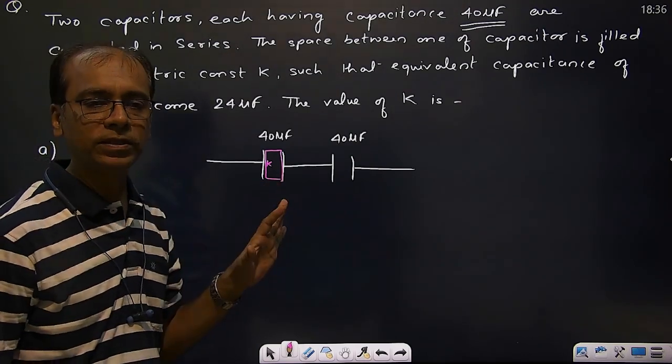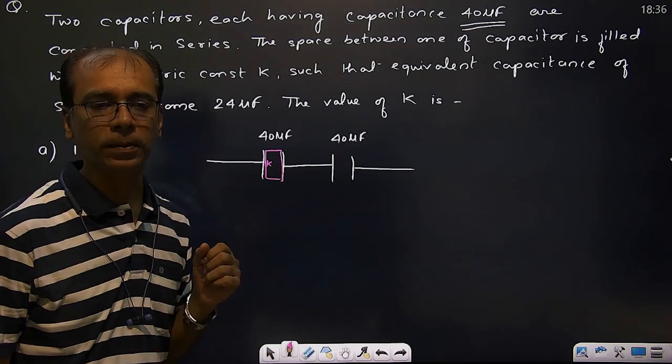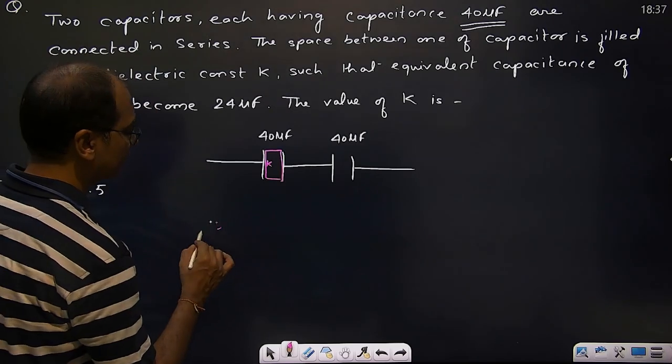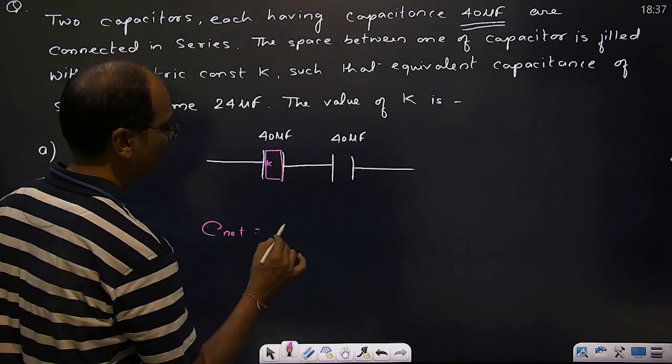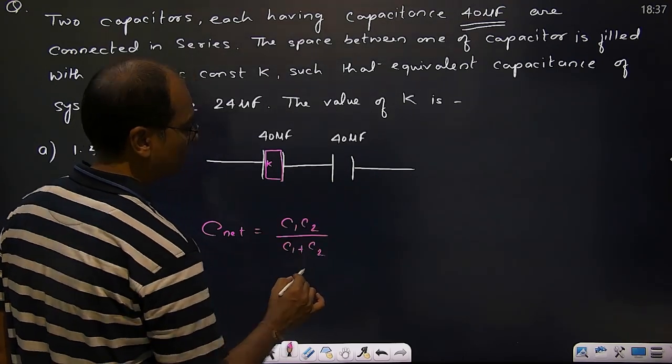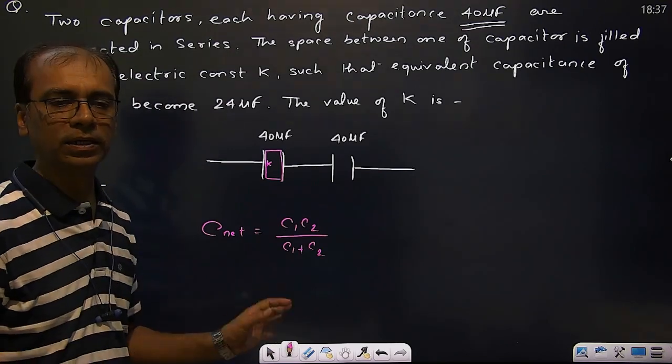Earlier, this is 40 and this is also 40. What is C net? Whenever a series connection is there, C net we write as C1 C2 by C1 plus C2. This is our method of writing the net capacitance.